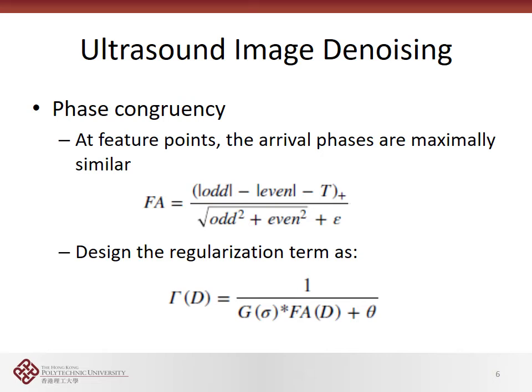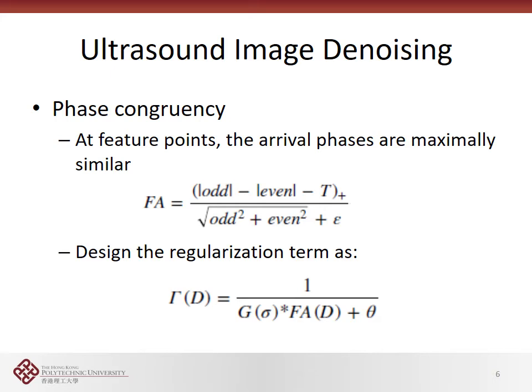So to achieve this, we introduce a concept in the phase domain, phase congruency. I don't want to introduce more details about phase congruency, but I will briefly introduce the concept. Phase congruency means that at the feature points, the arrival phases are maximally similar.